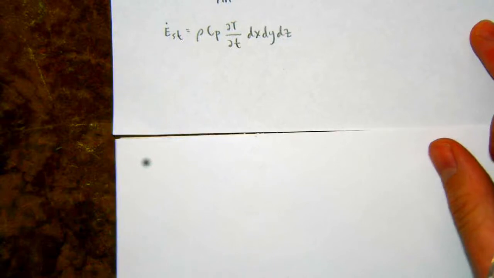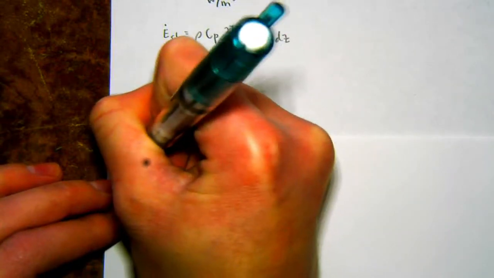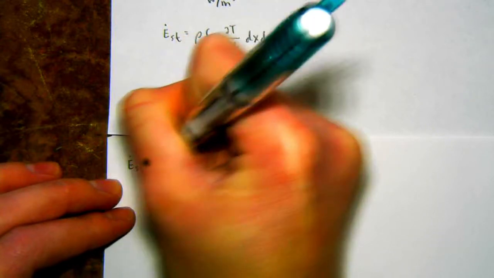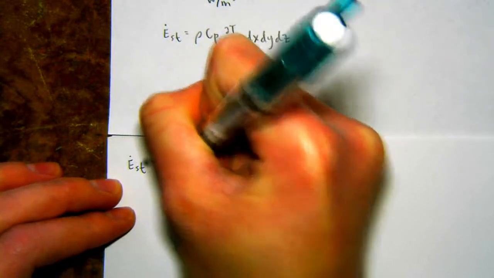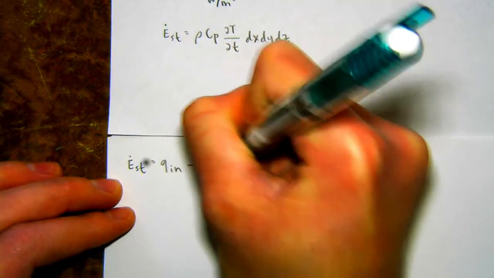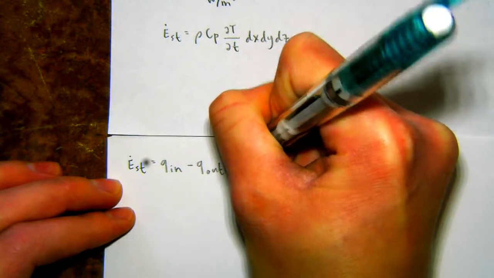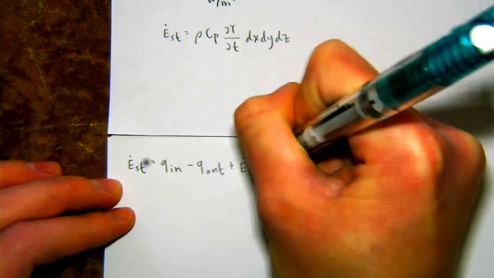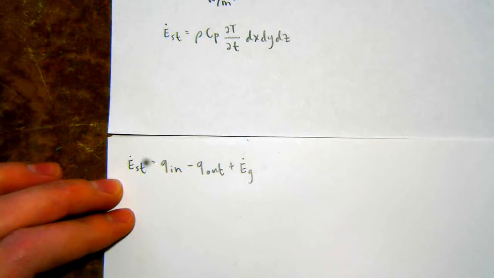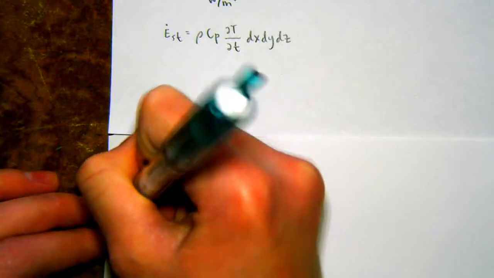Let's start on a new sheet here. So again, starting with this form of the first law that we've simplified down by making these assumptions about the lack of bulk motion in the system. And then we wrote out expressions for each of the terms. Now let's just plug those in.